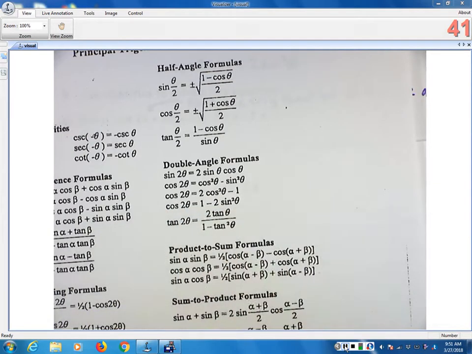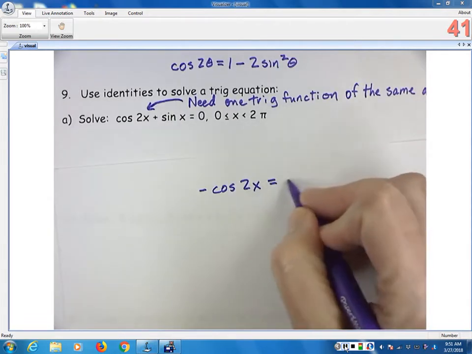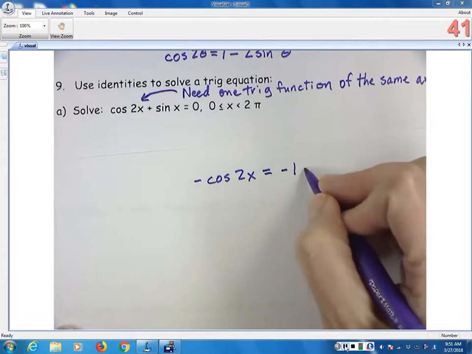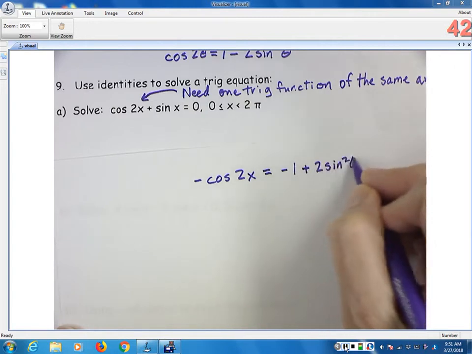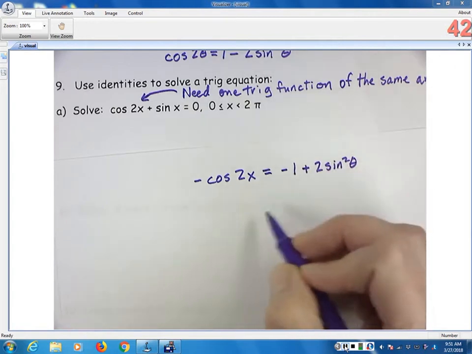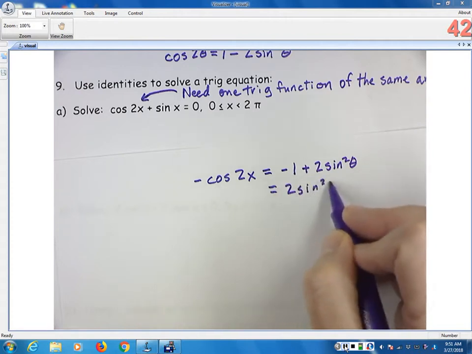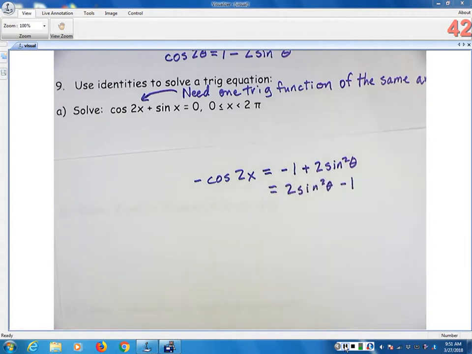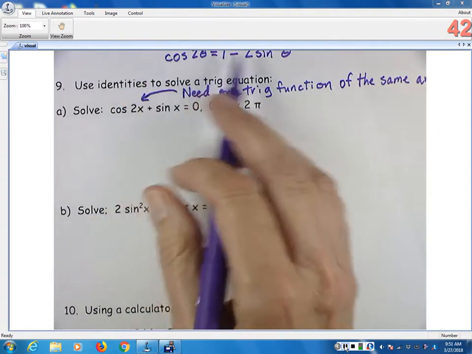So this equals negative 1 plus 2 sine squared theta, and that can be written as 2 sine squared theta minus 1. Gotcha. That makes sense. So they just used this identity and distributed the negative sign to both terms.